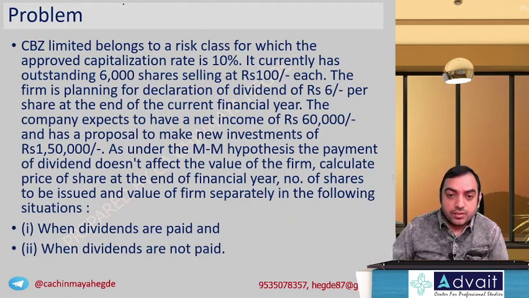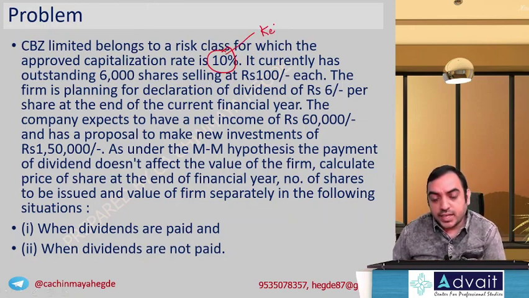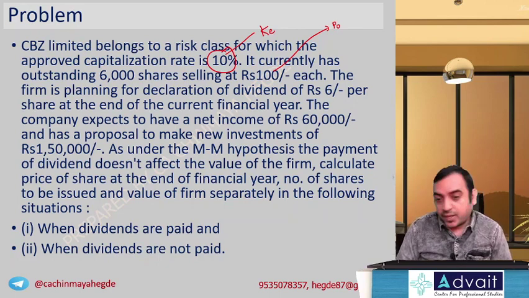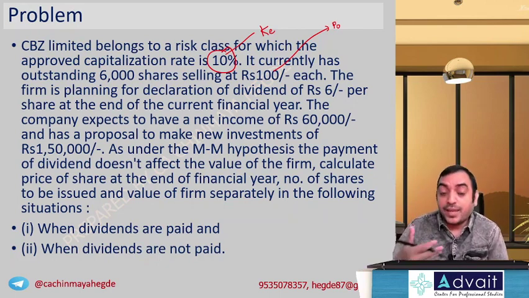Capitalization rate means cost of equity, KE normally we say. It currently has outstanding 6,000 shares, selling at rupees 100. Selling at 100 means current price. Current price is P0. The firm is planning for declaration of dividend of 6 rupees per share at the end of the current financial year. Planning to declare, meaning planning to pay.